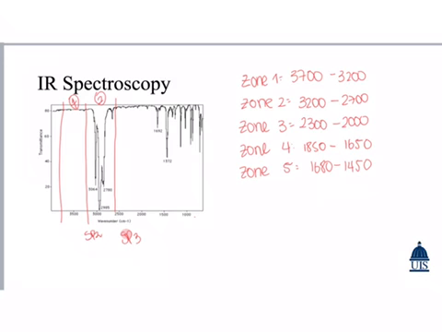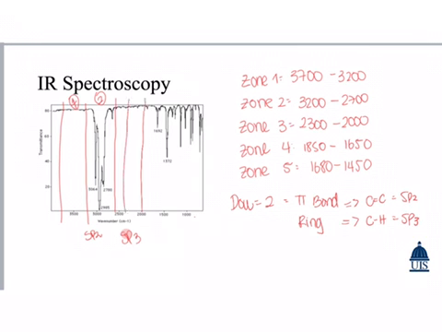Since we know that the DOU of our compound is 2, indicating a pi bond and a ring, the pi bond comes from the possible double bond between carbon and carbon, indicating sp2, and then the ring has carbon-hydrogen bonds with sp3 hybridization, which are the 2 peaks below 3000. Then we go to zone 3, from 2300 to 2000, but there's nothing important going on.